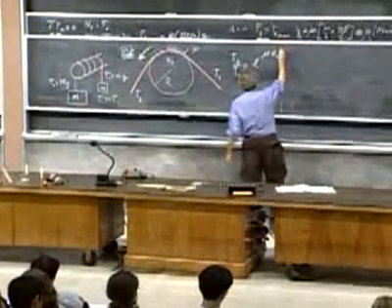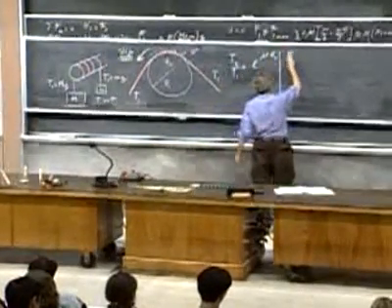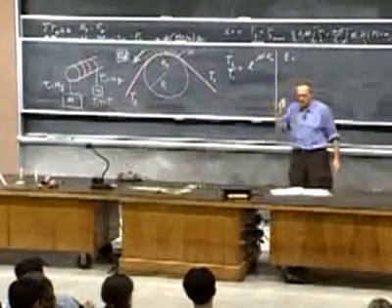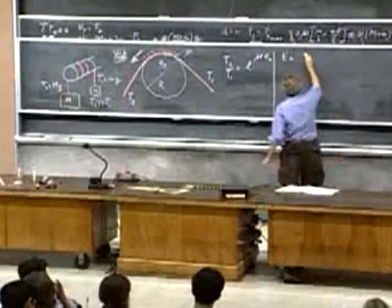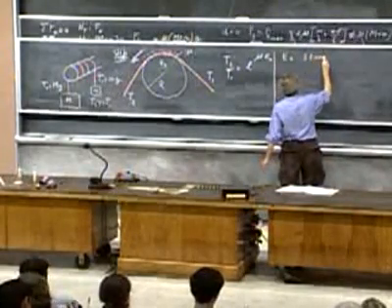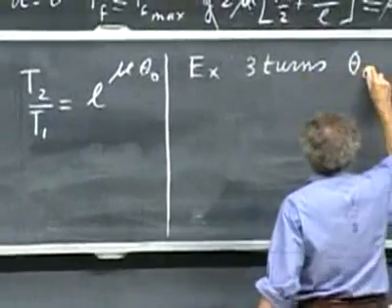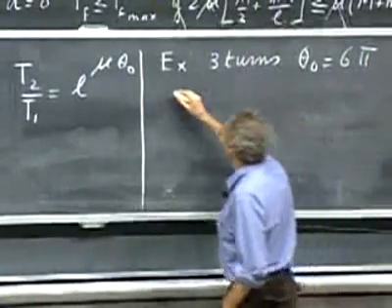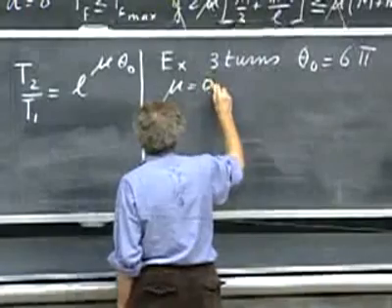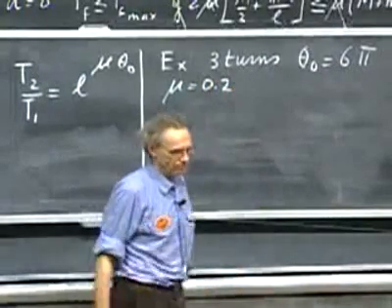So let us take a situation that we take, let's say, 3 turns. We wrap the rope around 3 times. So 3 turns. That means theta 0 equals 6 pi. And let the friction coefficient mu be 1/5, 0.2.